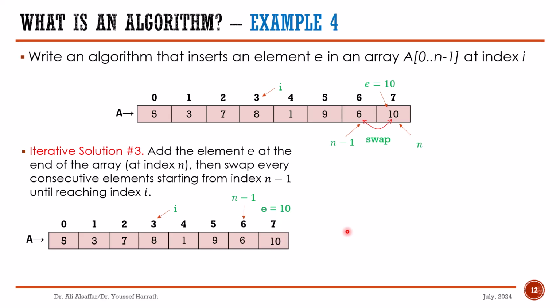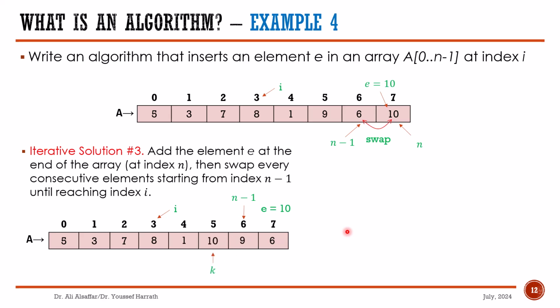Now to swap the two consecutive elements starting from index n-1 until reaching index I, we will use a variable k that initially will point to n-1. The first swap will be between the element at k and k plus 1. When the value of k goes back one step, we swap the consecutive elements at k and k plus 1.